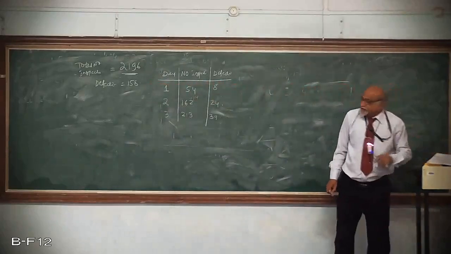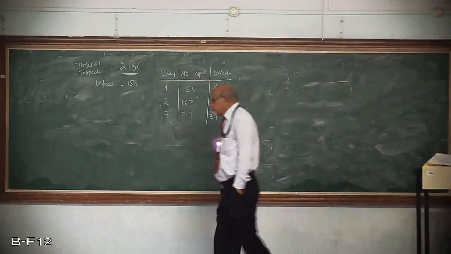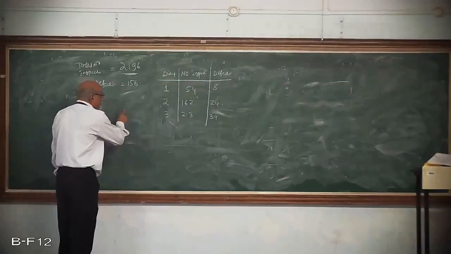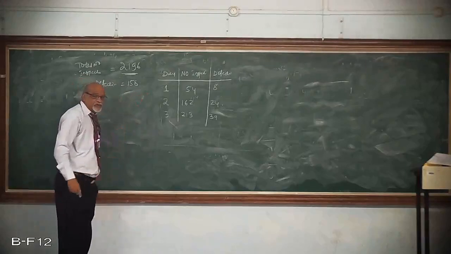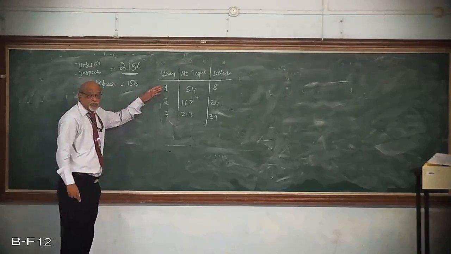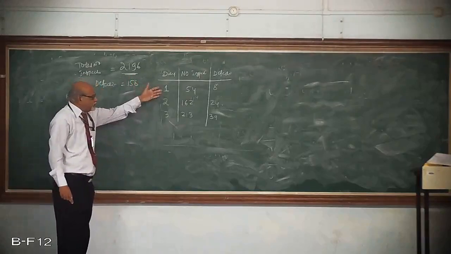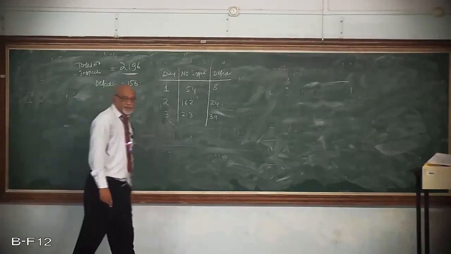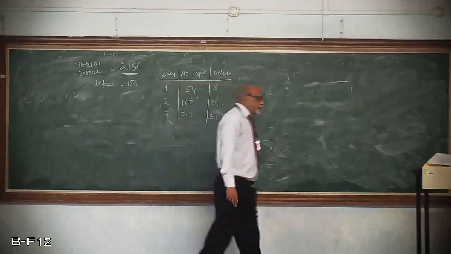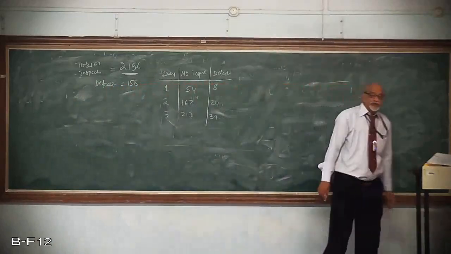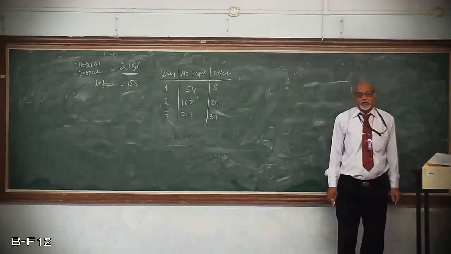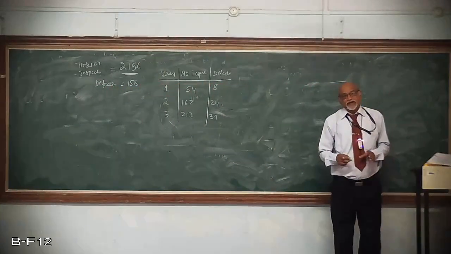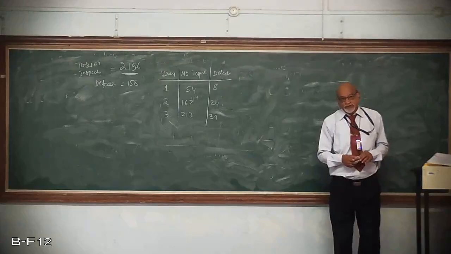So what he says is we need to find out whether the process was under control or not on day 1, day 2, day 3. Now, obviously, which chart is to be used? Because he talks about defectives, either a P or NP chart is to be used.